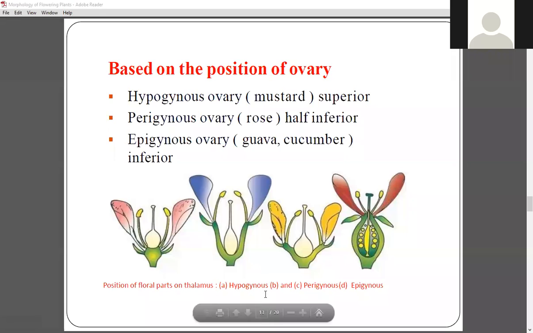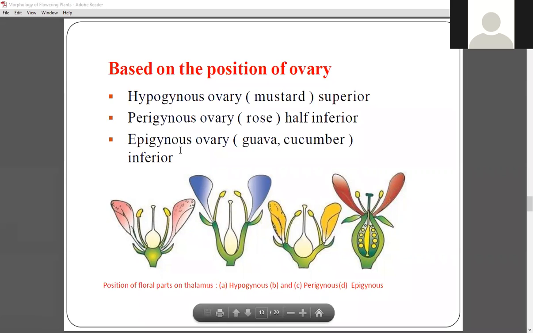So the second and third figures, B and C, show the perigynous type of ovary, which is observed in roses, right? In the elongated ovary here, half is present inside the thalamus region and half is present outside. In the same way in figure C, half of the ovary is inside the thalamus region and half is outside. For this reason, the perigynous ovary shows the half inferior position.